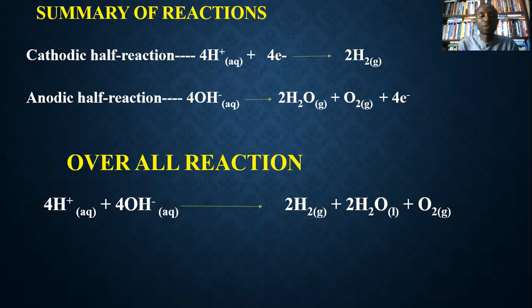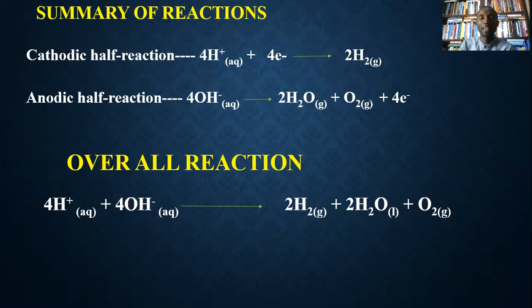The final equation for the reaction will now be 4H plus and 4OH minus, both in aqueous solution, giving 2 volumes of hydrogen gas, 2 volumes of water and 1 volume of oxygen. That will be the overall reaction for the electrolysis of acidified water.